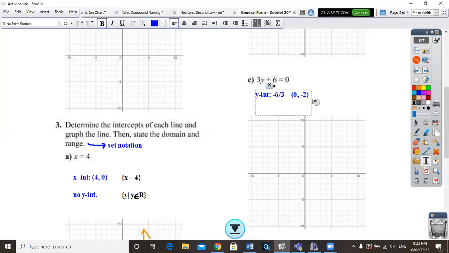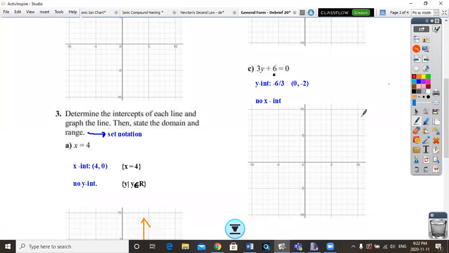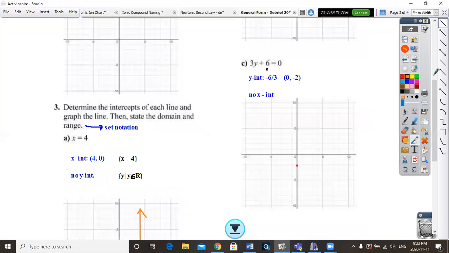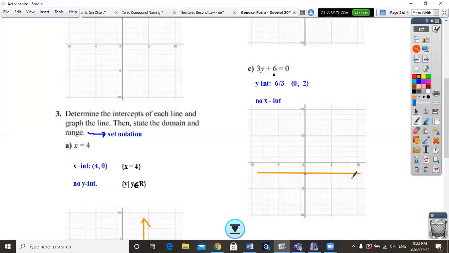And of course, we know the horizontal line has no x-intercept. So we take our pencil and at (0, -2) we plot our point, take out our ruler, draw a horizontal line, and add arrowheads at either end.